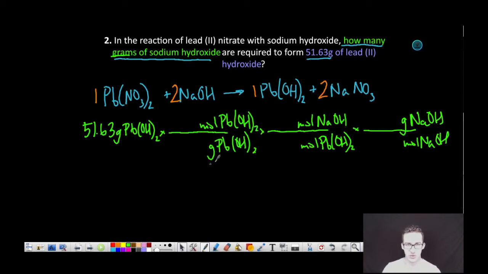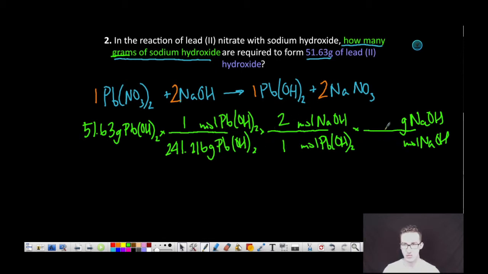Now, as we look at the relationships that exist in our first conversion factor, you'll have to go to your periodic table. I'm going to speed things along here. 1 mole is going to be 241.216 grams. You can always check my math there using the periodic table. The mole-to-mole relationship is going to come from your balanced chemical equation. Our relationship here is for every 2 moles of sodium hydroxide that you start with, you'll make 1 mole of the lead 2 hydroxide.